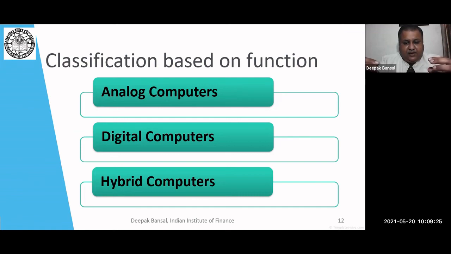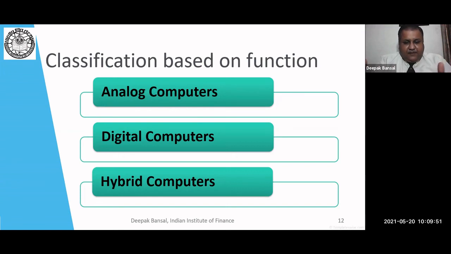If I take the example of process control devices, boilers: a boiler is heated, and once it reaches a particular level, the air conditioning around the boiler starts automatically so that it cools down.